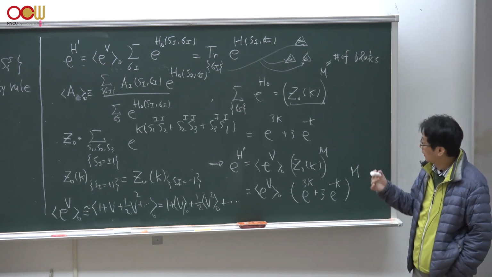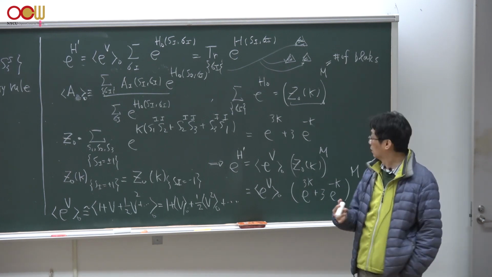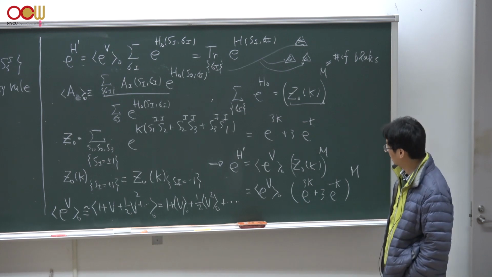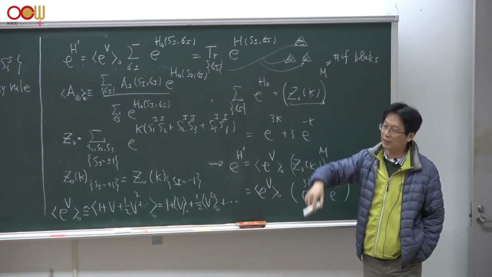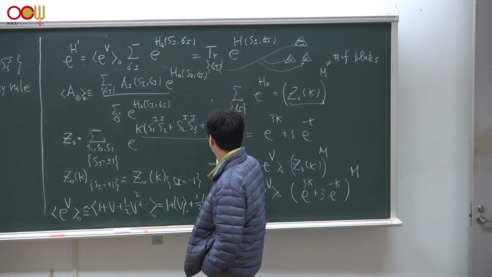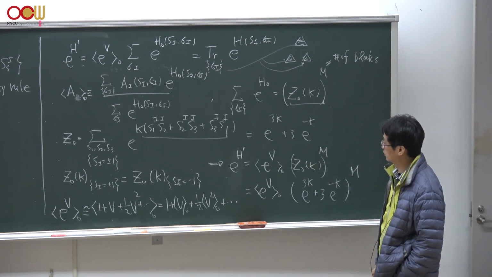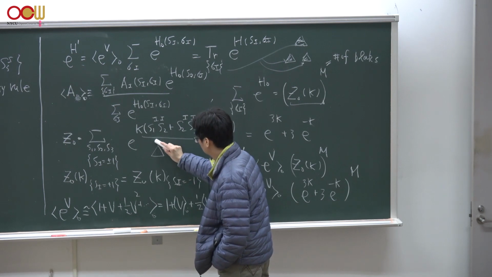And there are m blocks, so the total contribution for partial summing over the individual blocks is given by Z0 to the power of m. Okay, what is Z0? Z0 is nothing but this e to the H0 with a partial summation over these three spins on a particular triangle.